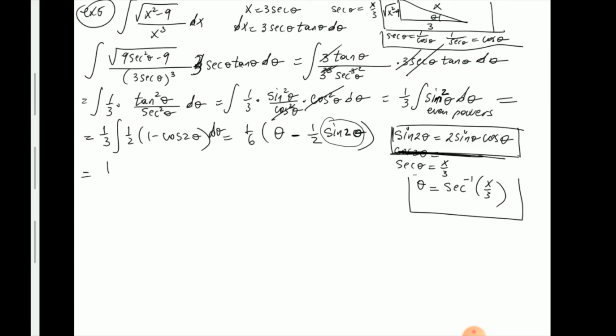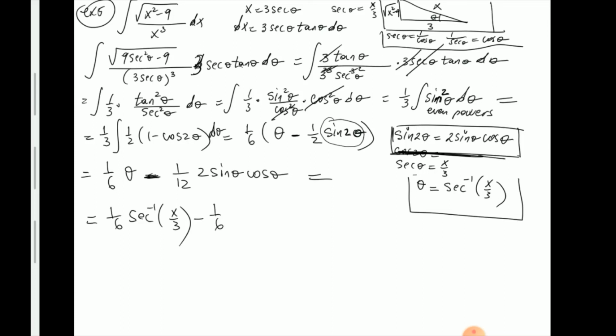So to complete the answer, if I distribute 1 over 6, it's 1 over 6 theta minus 1 over 12. Sine 2 theta is 2 sine cosine. And now you can finally replace everything in terms of x. Theta is inverse secant of x over 3.